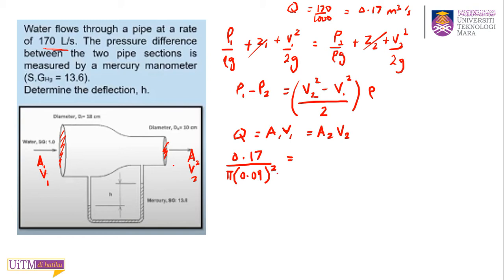Berapa ni dapat for V1? Berapa V1? 6.68 meter per second.